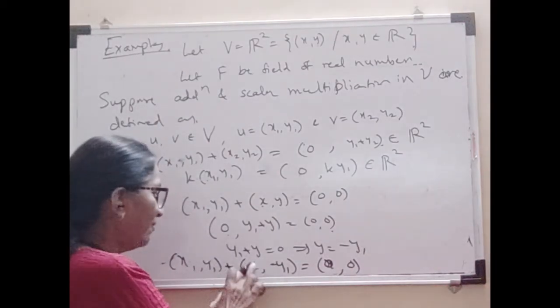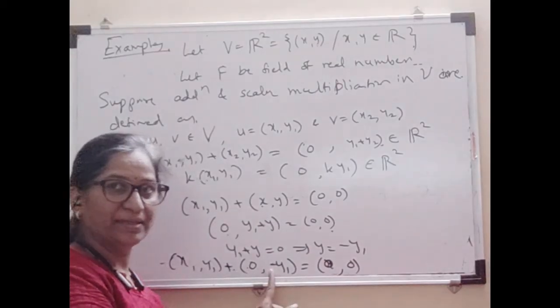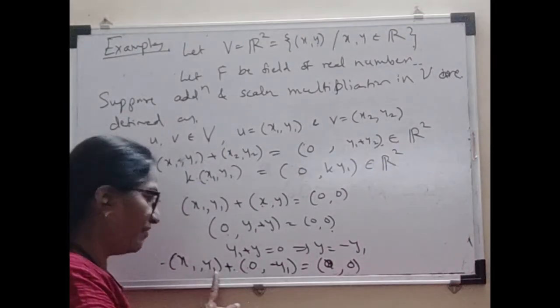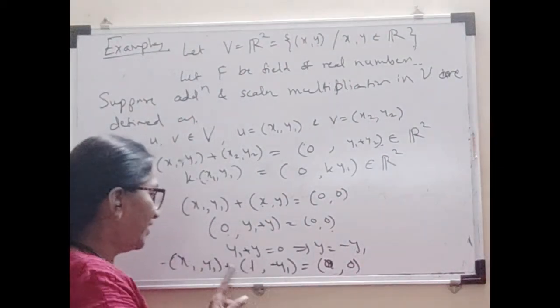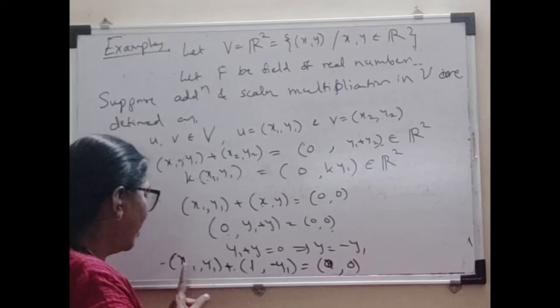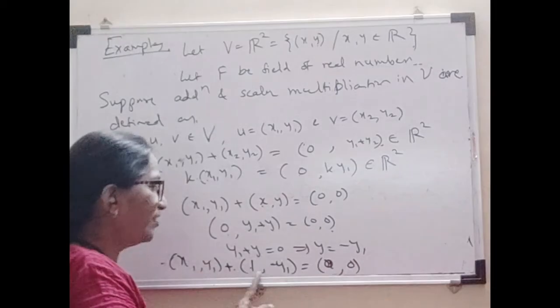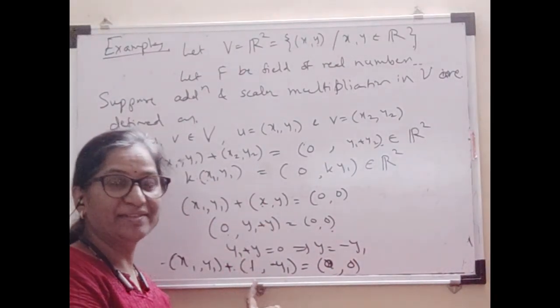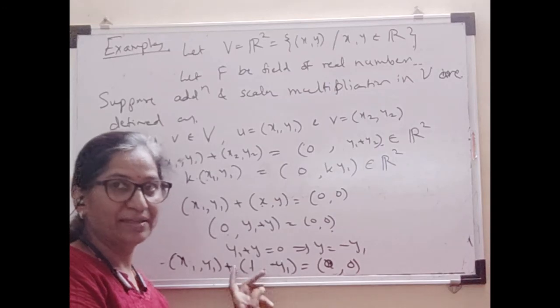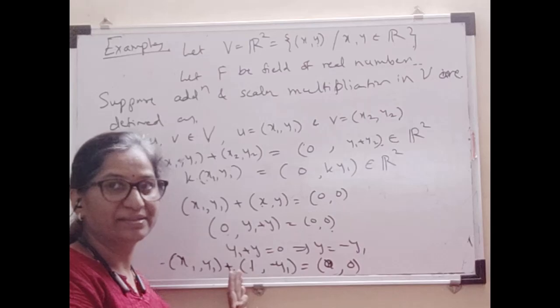No. I can define (0, minus y1) as also an additive inverse of (x1, y1). Also (1, minus y1) is also an additive inverse, because whatever we take, the first component sum is always equal to 0 by using this formula. So the additive inverse is not unique for each vector. That's why an additive inverse should be unique for being a vector space.